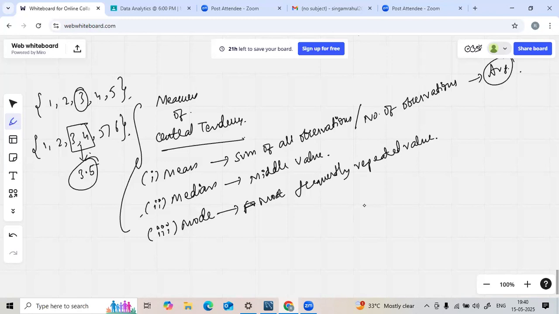So in case you have odd numbers, the exact middle value. In case you have even numbers, the average of the middle two values. And one important thing you need to remember is, first thing first, you need to sort the data. Only after sorting the data can you start performing your median concept. And mode, obviously, is the most frequently repeated value available in the data set.